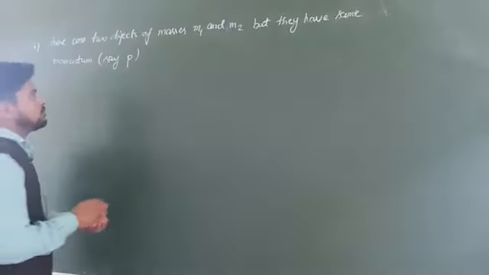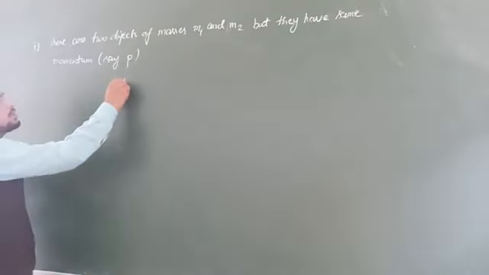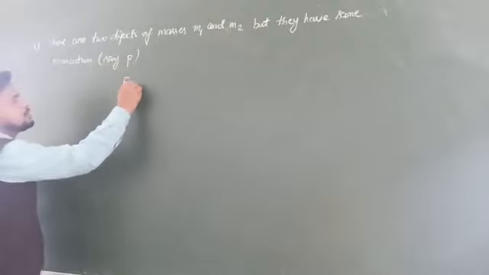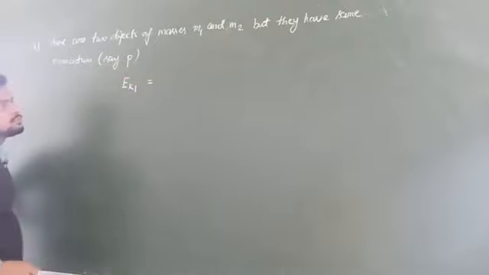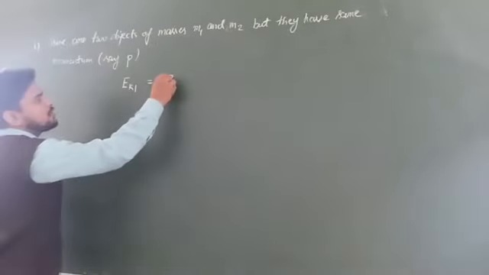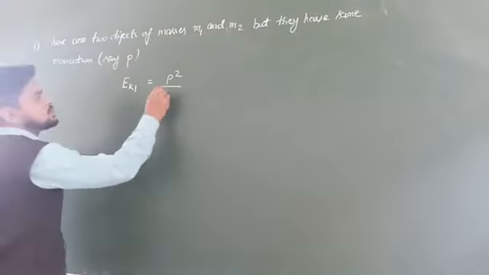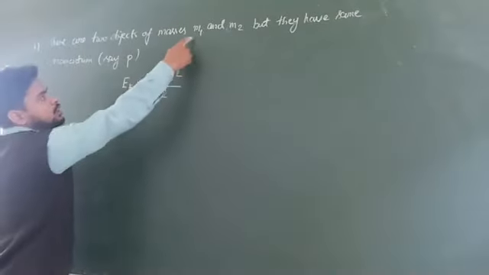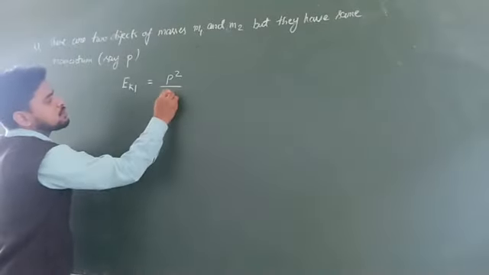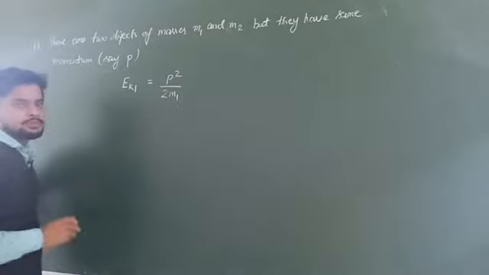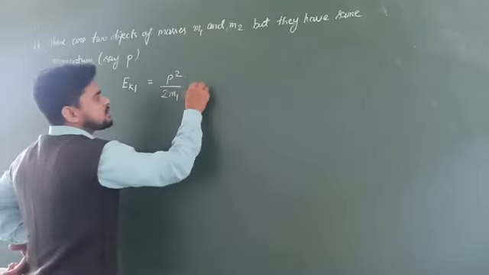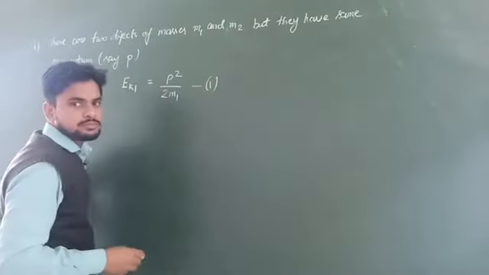So for the first object of mass m1, we can write the kinetic energy Ek1 equals what? Momentum square, P square, divided by 2 into the mass of the object, so 2m1. Let us say this is equation number 1.